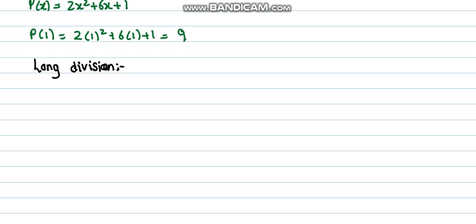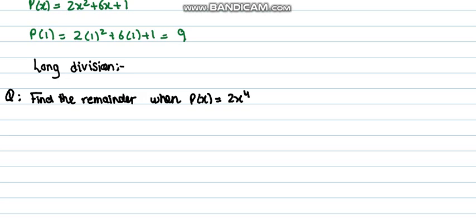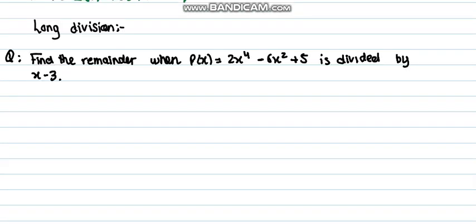So the question is: find the remainder when p of x, 2x raised to the power 4 minus 6x squared plus 5, is divided by x minus 3.